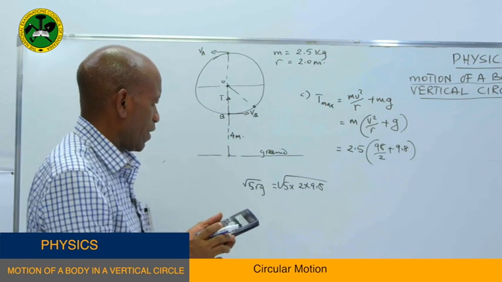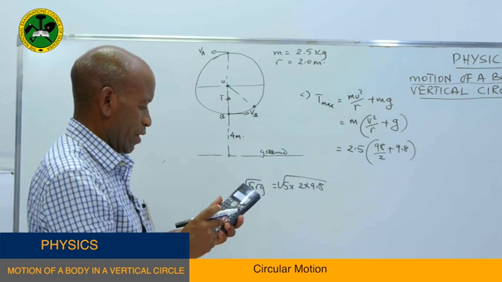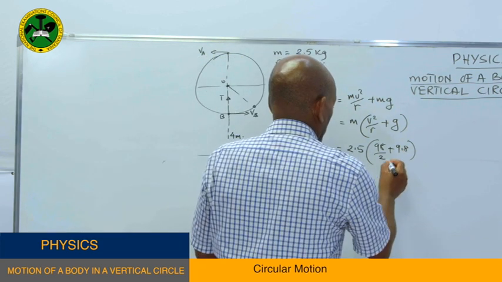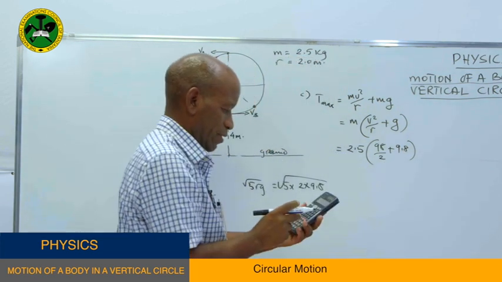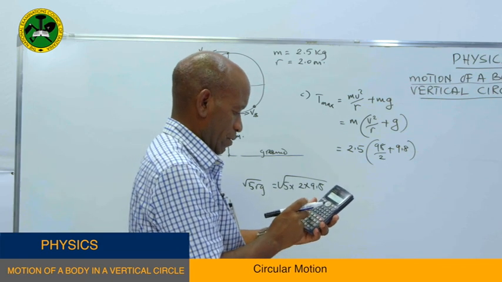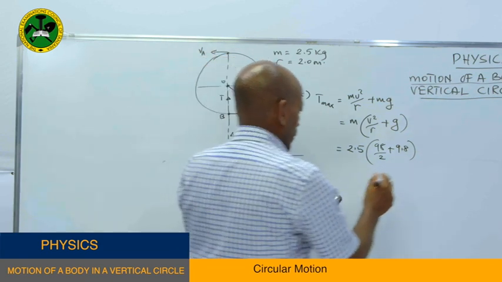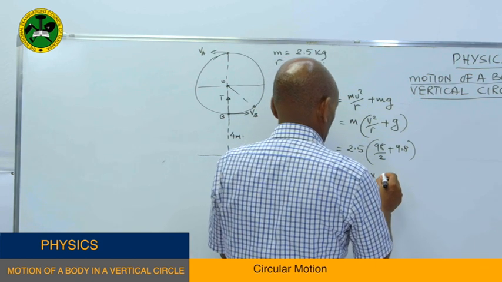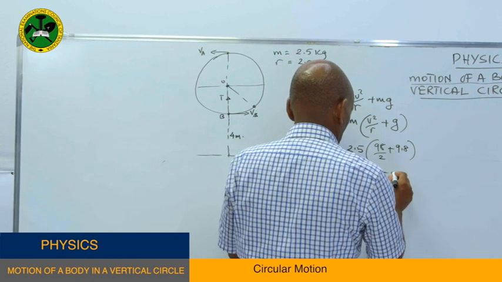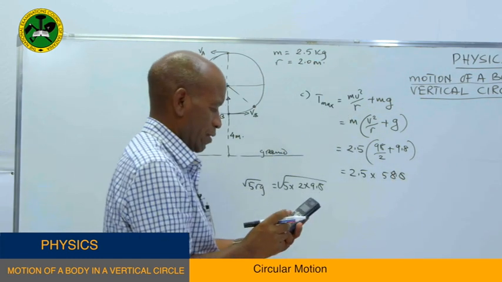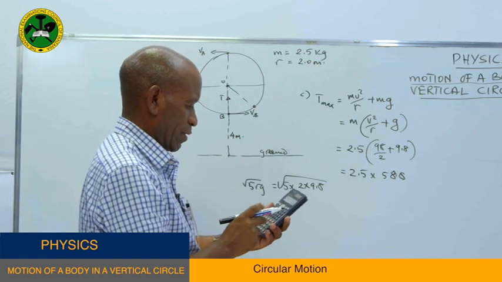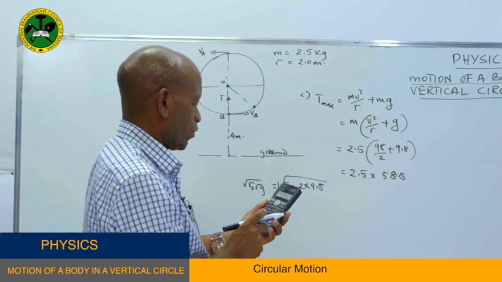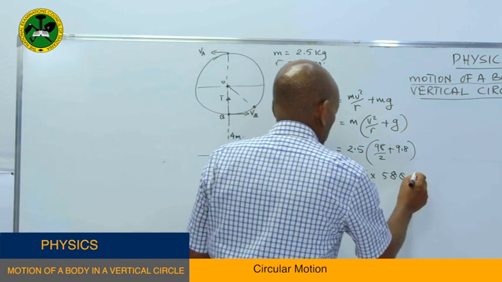And if we compute it, here we're going to get 49 plus 9.8. We are getting 2.5 times 58.8. So if we multiply to get the last answer, we are going to get 147.